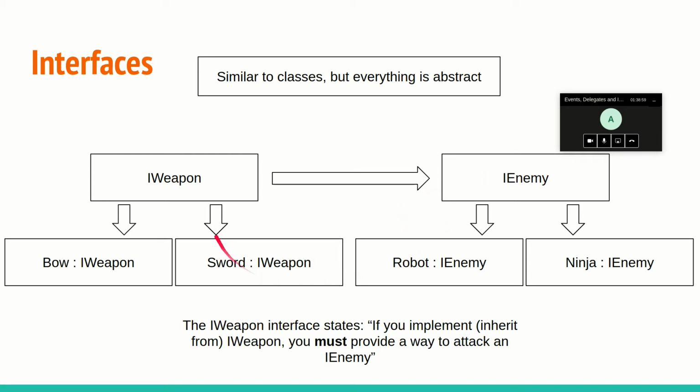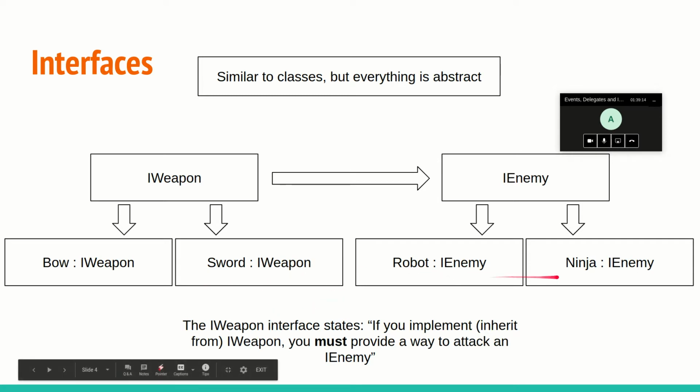And you'll see that this relationship, this graphic here, allows us to very quickly define a very complicated game, actually. You can pick a bow or a sword. You can use that bow or sword to attack a robot or a ninja. There's a lot of stuff you can do here.